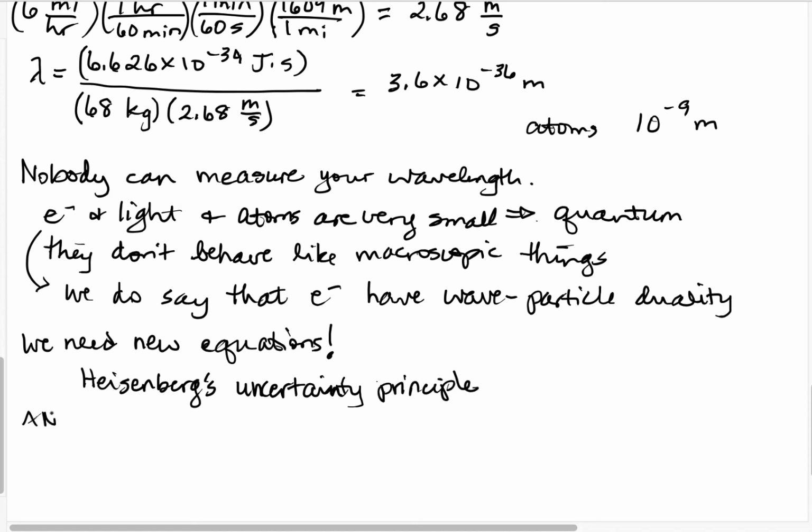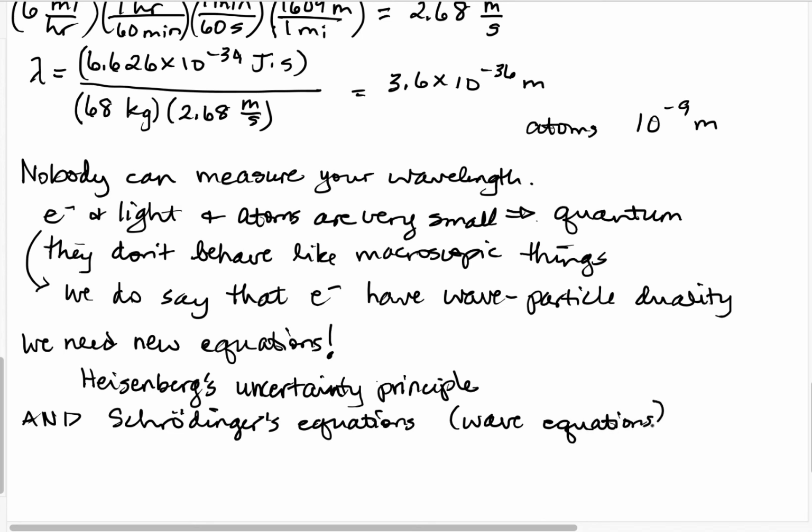And the other big one that we will talk about quite a bit is Erwin Schrodinger. He developed a set of equations, and these are specifically wave equations. So he decided that since electrons could behave either as particles or as waves, he was going to go ahead and model them as waves.